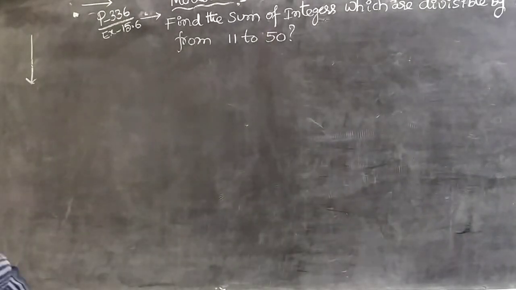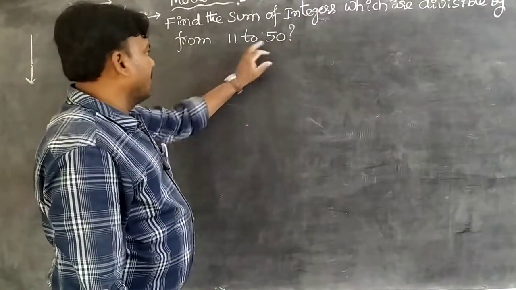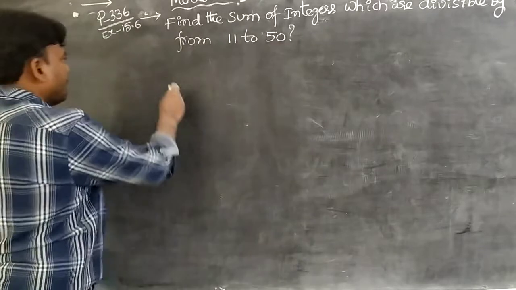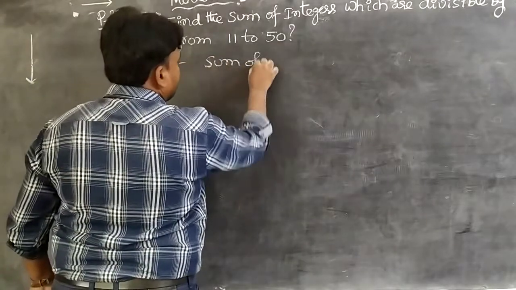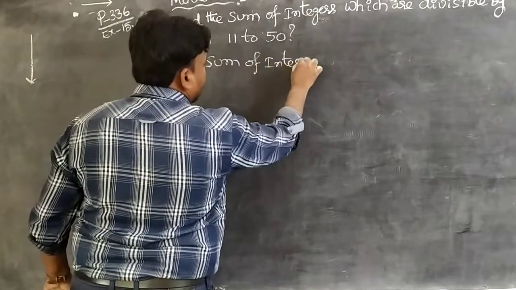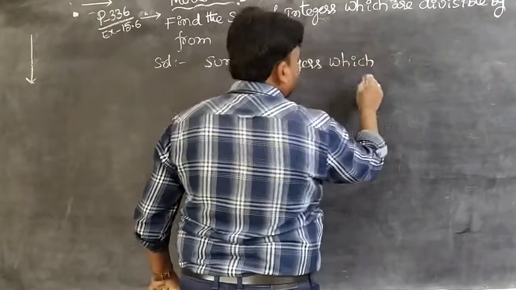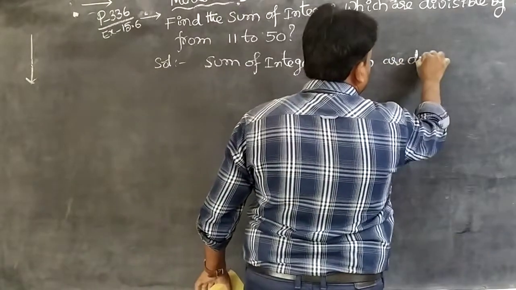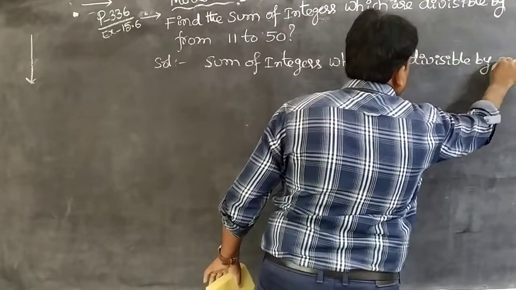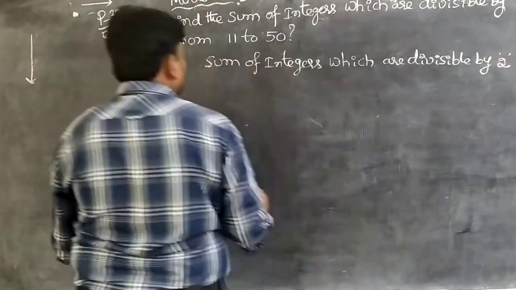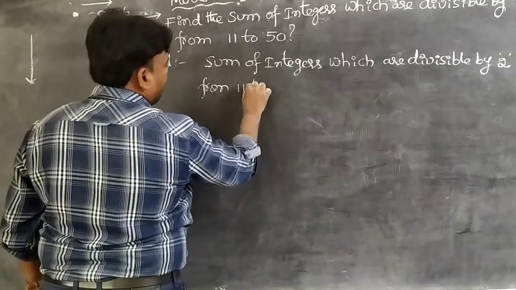Right. Next, model 2. Find the sum of integers which are divisible by 2 from 11 to 50, but not 1 to 50, students. So approach the solution. Directly, sum of integers which are divisible by 2, from 11 to 50.